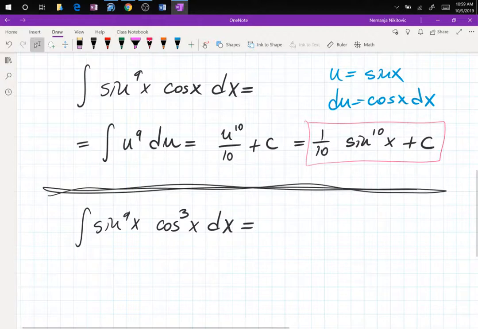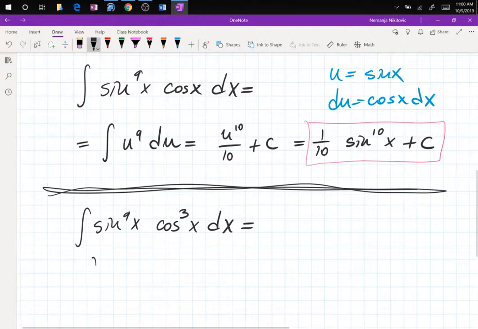And this is where the Pythagorean identities and all the other stuff, right, comes in. You know that if you are to use the u substitution, just like in a previous problem, you would have to have a single cosine, not 3 of them. So what we are going to do is we are going to peel off one cosine and keep it off in what I call a bank, and that will leave you with a cosine squared. Now that cosine squared will be turned into sines using the identity, and then you will just solve the problem.